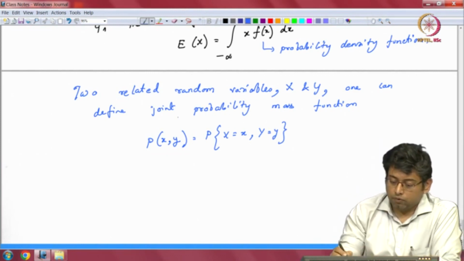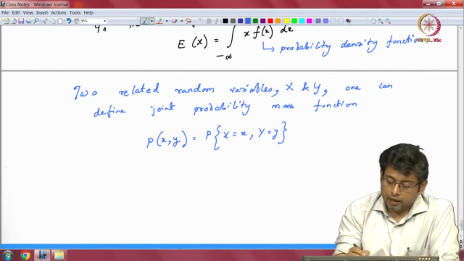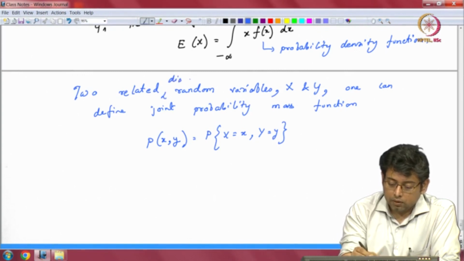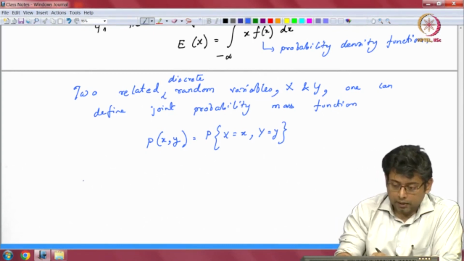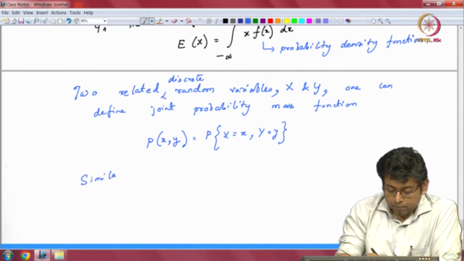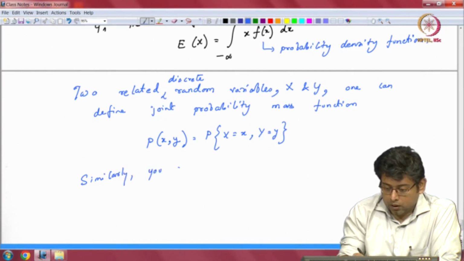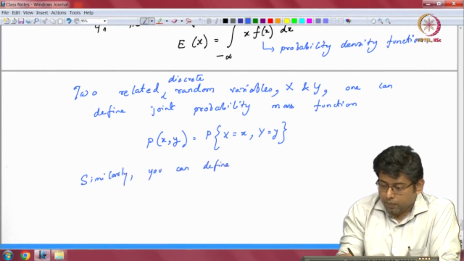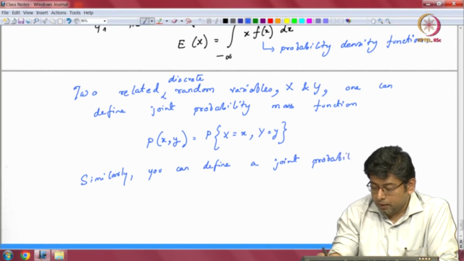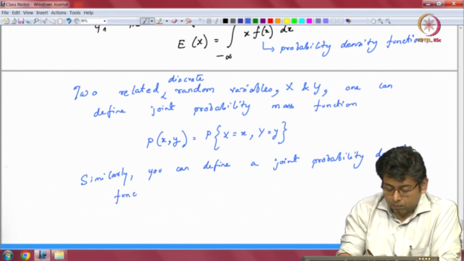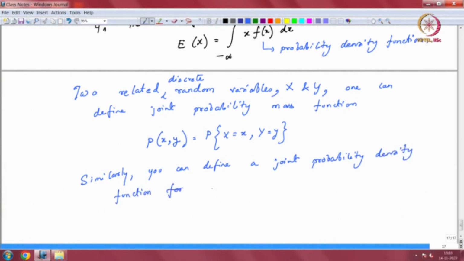And similarly, you can define the probability density function for x and y. Here I have missed the term discrete. So, this is for the discrete case, and similarly you can define a joint probability density function for continuous variables x and y.